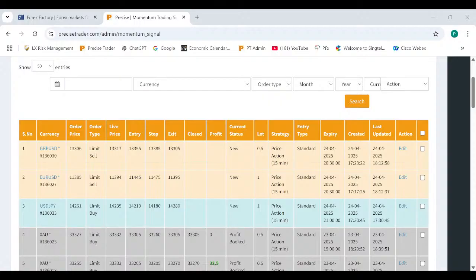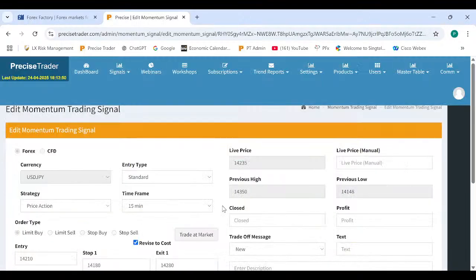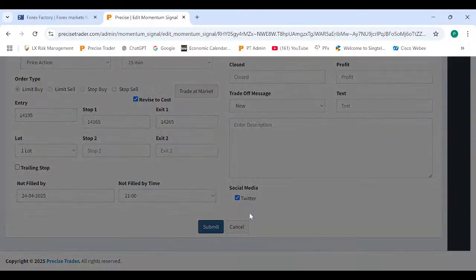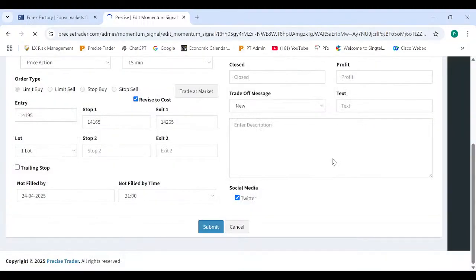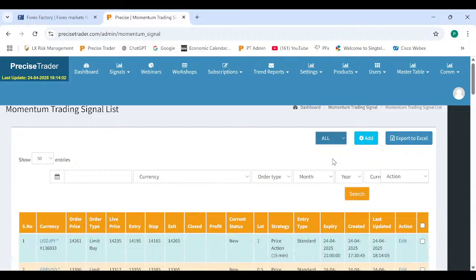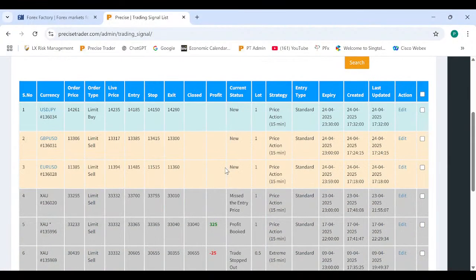Okay, so what we will do is, dollar yen, okay, we will try to reduce it to 141.95. Okay, and this one will go at 65. Then the other one, the day trading one also, I think we need to reduce it.